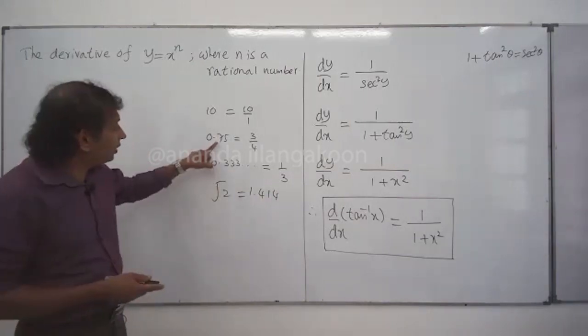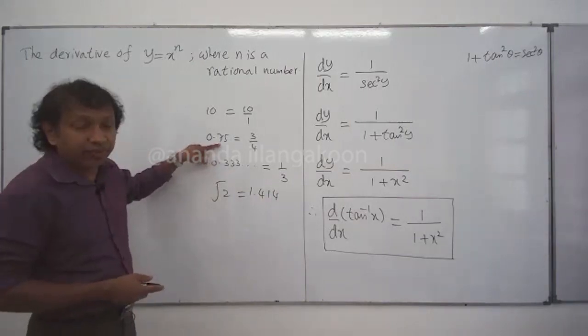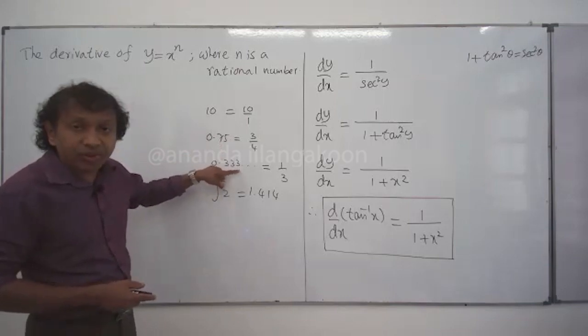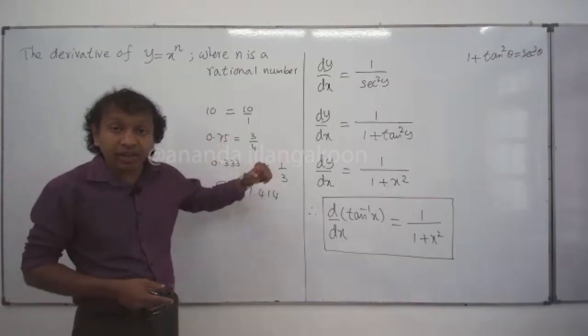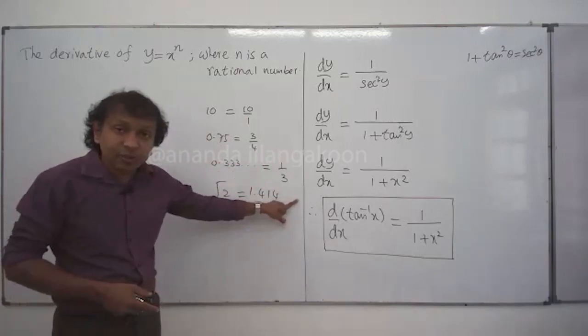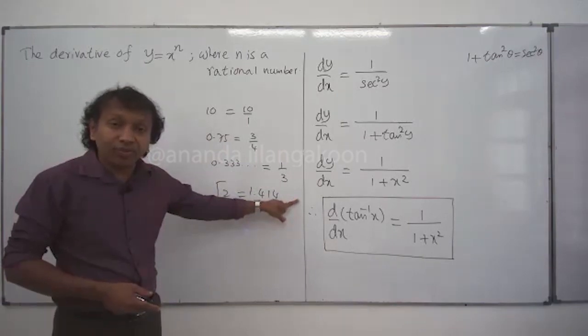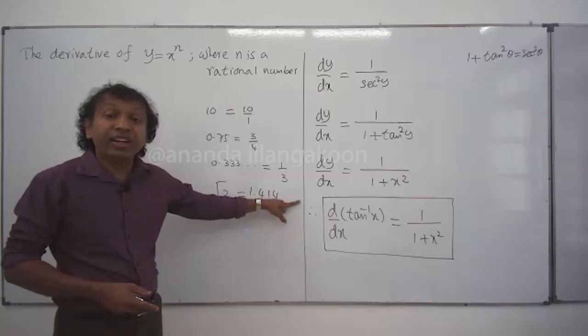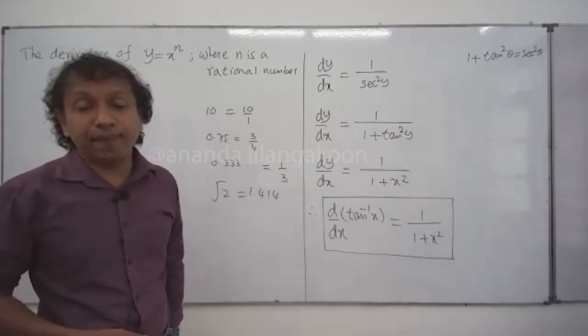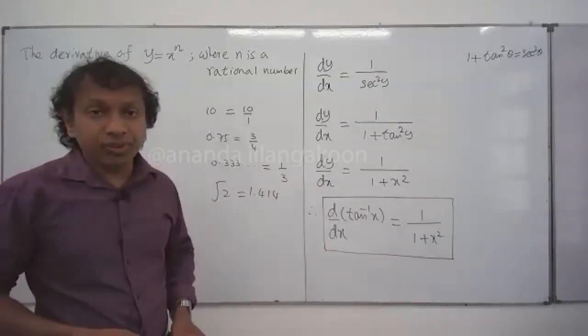A finite decimal is this kind of decimal. A recurrent decimal is this kind, where the same digit or sets of digits repeat again and again. In this one, when we write the next decimals, you can't see any pattern in the decimal digits. Such decimals are called infinite decimals, and those are the irrational numbers.